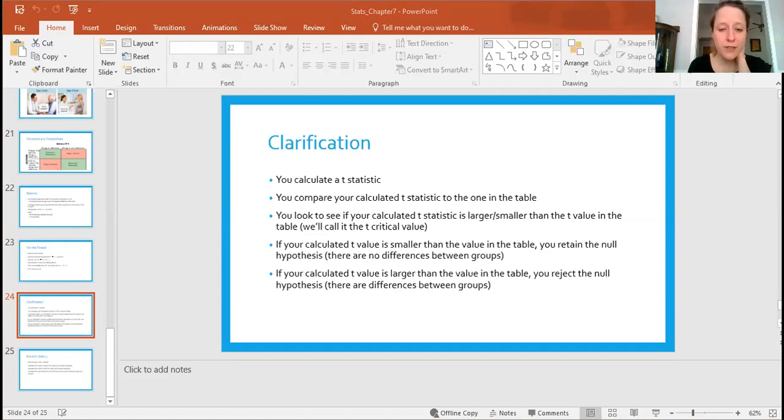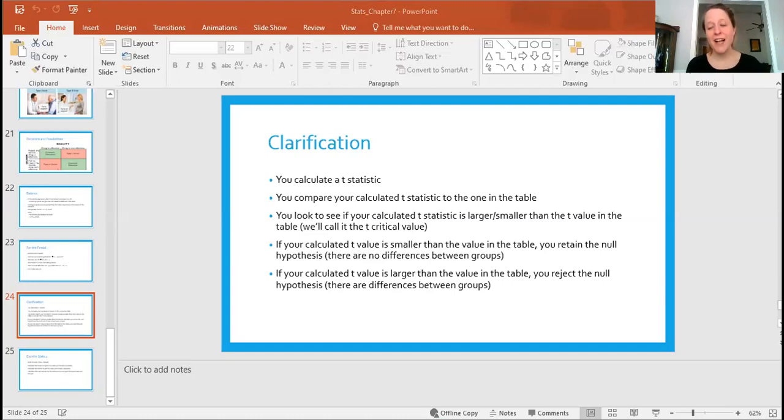Well, for us, if it's exactly the same, I would say reject the null hypothesis, particularly because based on this table, you're using degrees of freedom that are actually a little bit smaller than what we actually had. So if it was exactly the same, I would go ahead and reject the null.